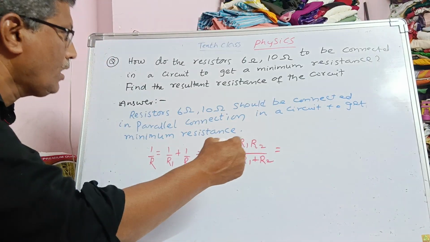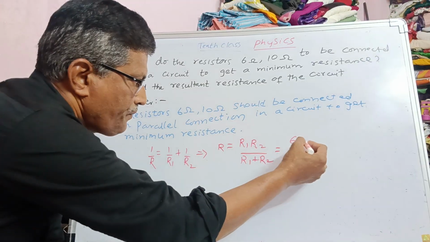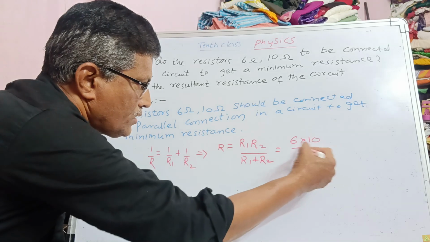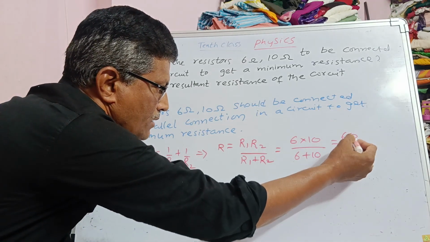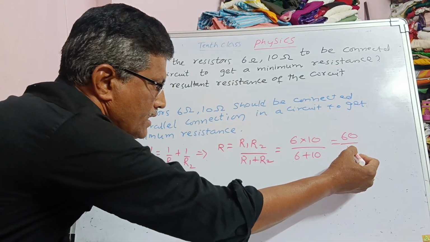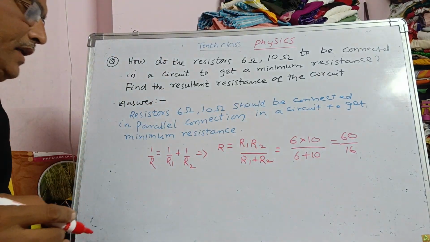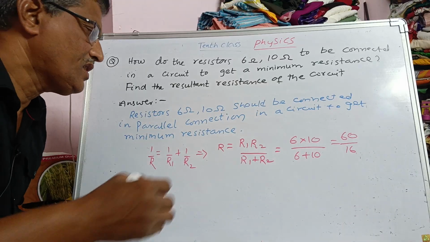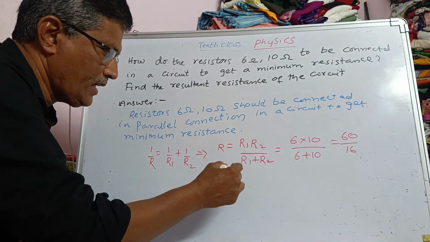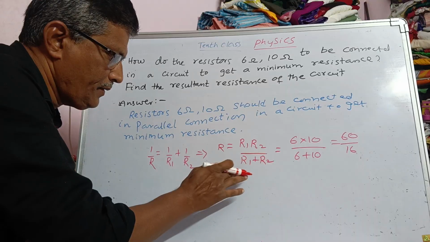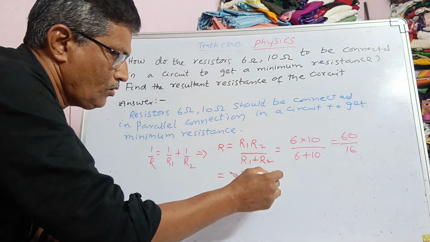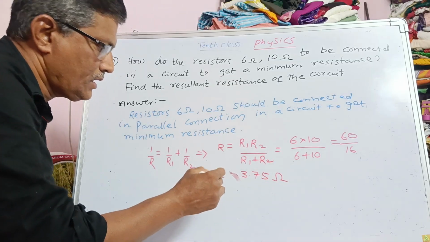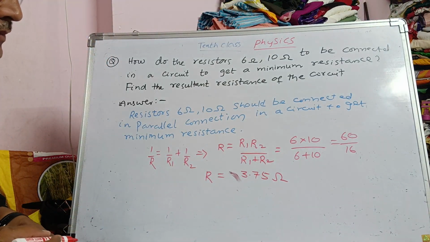That is R1 means 6 ohms into R2 means 10 ohms by 6 plus 10, that is 60 by 16. On dividing 60 with 16, you will get 3.75 ohms. That is the resultant resistance.